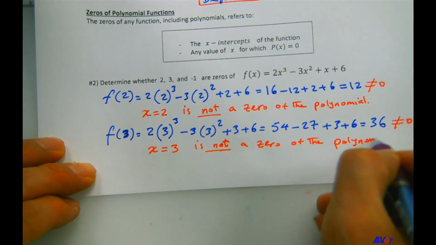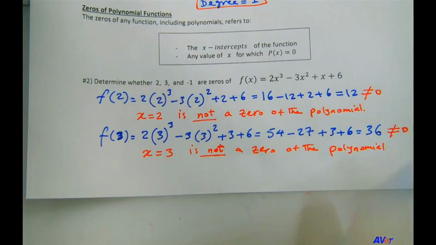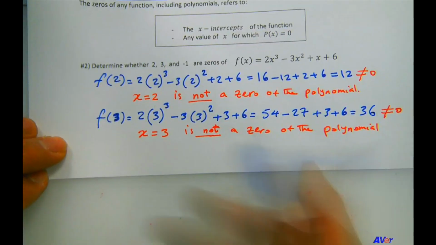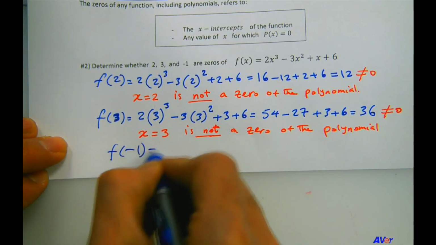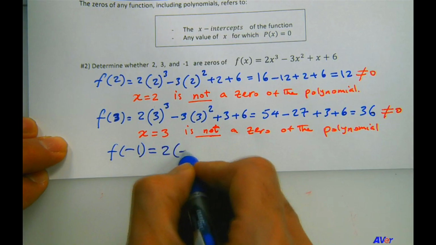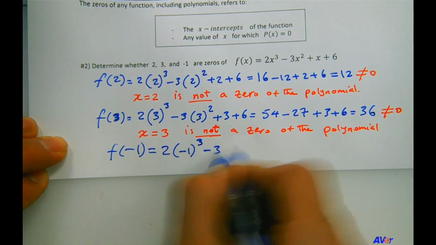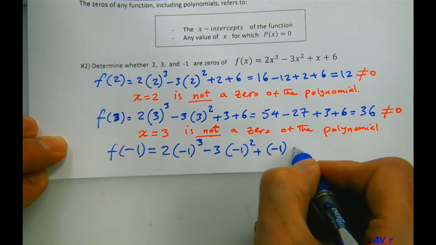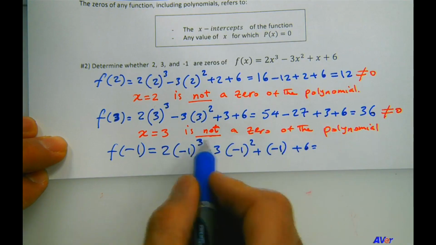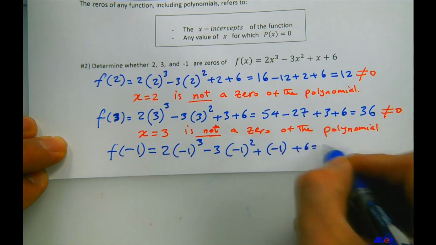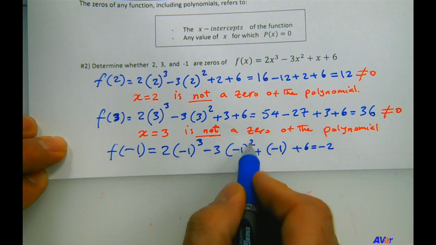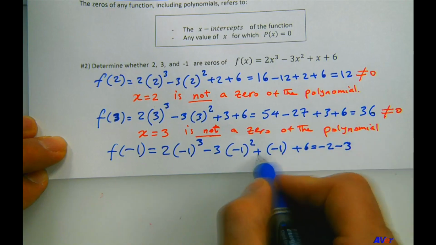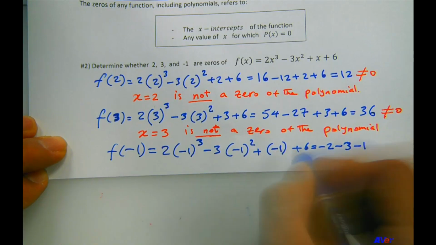We have one more number to check, right? The function at -1. So that is equal to 2 times -1 cubed minus 3 times -1 squared plus -1 plus 6. So -1 cubed is -1 times 2, minus 2. -1 squared is positive 1 times -3 is -3. Plus -1 is -1, plus 6.